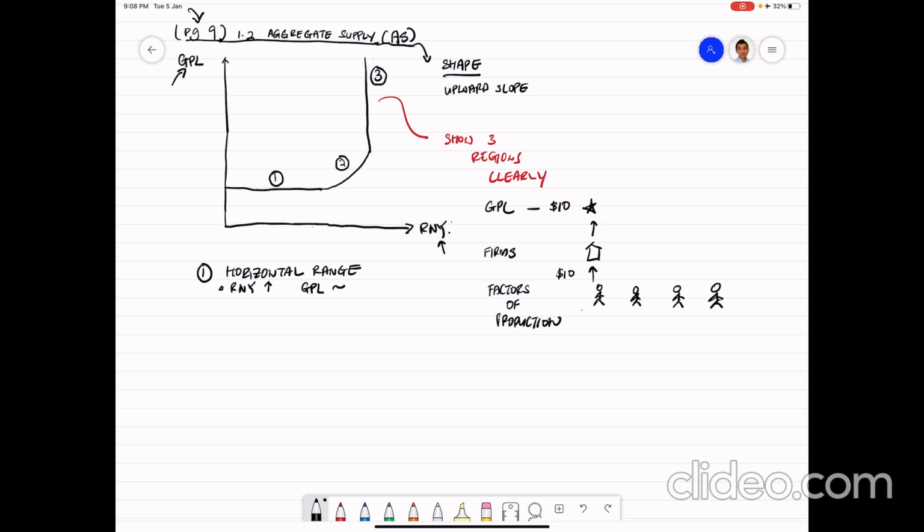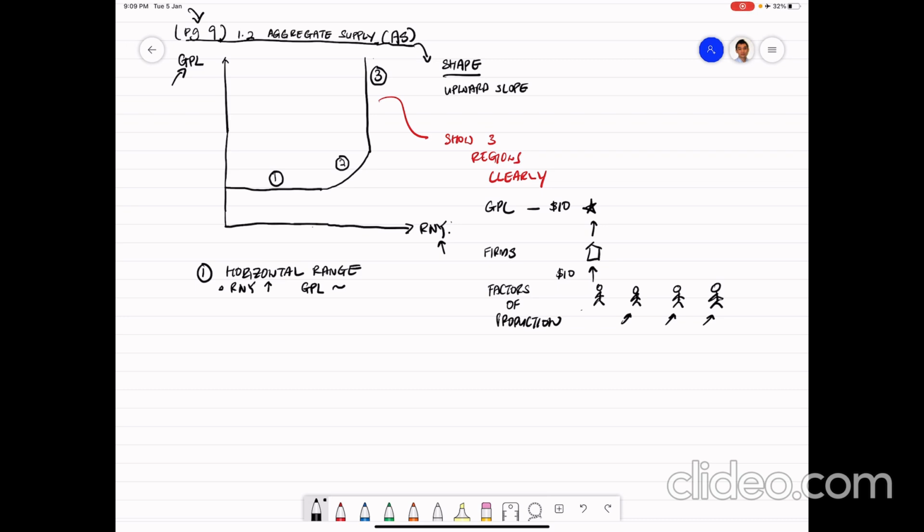Again, I'm talking about the horizontal range. Before I begin, what you'll notice is that in the horizontal range, there are 3 workers that are unemployed or unutilized. This is one of the big characteristics of the horizontal range.